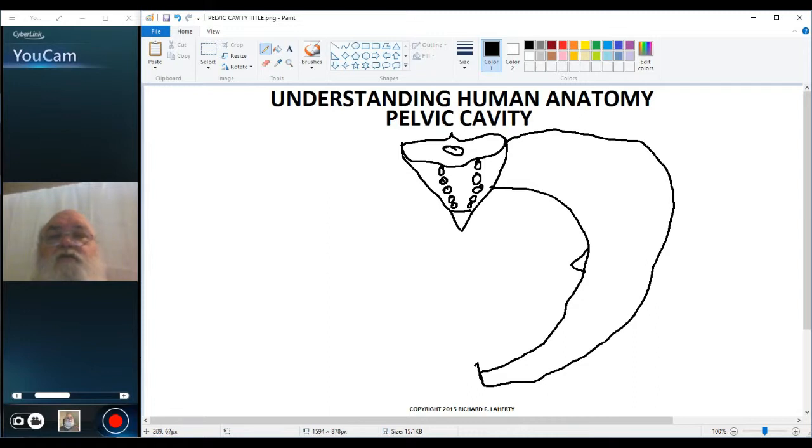And we'll draw in an ischial spine. Draw in the pelvic rim. And we'll repeat this on the other side.